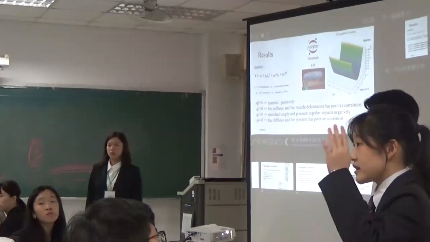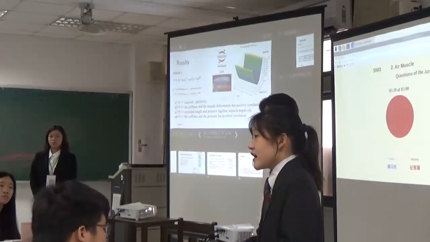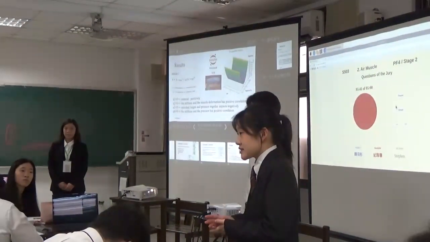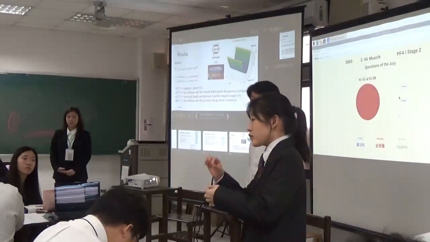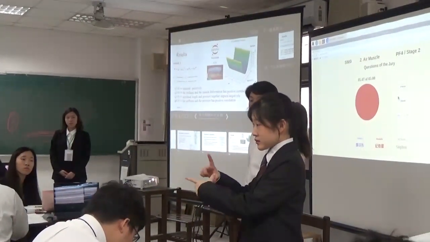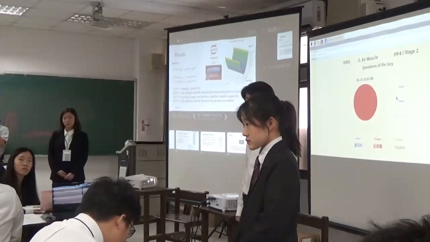Okay, because of time. You want to add just very short? In my experiment, the ear muscle is the same as the biological muscle. That's because the axial part will expand and the lateral one will shorten, and that's the same as the biological muscle. Thank you.